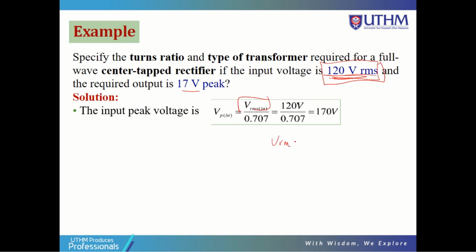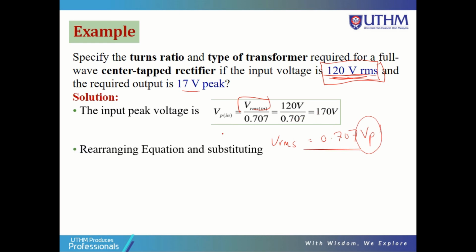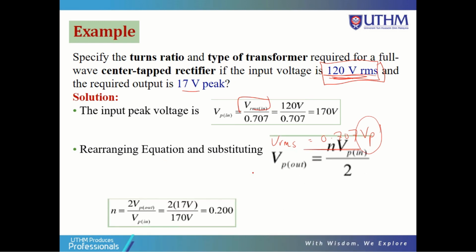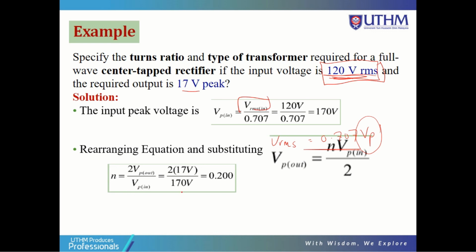V RMS equals 0.707 V peak, so V peak equals V RMS divided by 0.707. So you get 170 volt. Rearranging the equation and substituting, you will get N equal to 0.2.